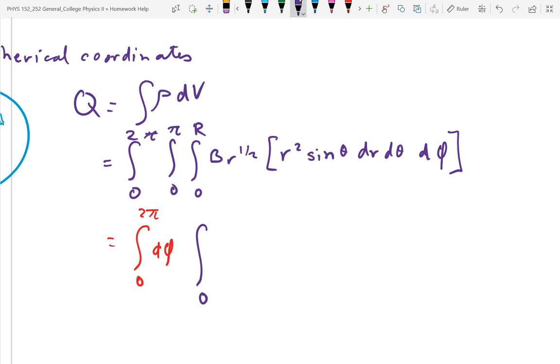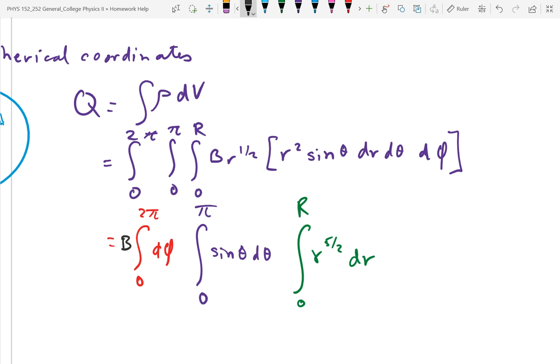Integral from 0 to pi of sine theta d theta. Integral from 0 to capital R of r squared times r to the 1/2 is going to be r to the 5/2. And of course I didn't write the b, so I better put the b out here.